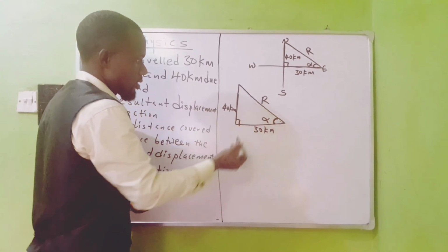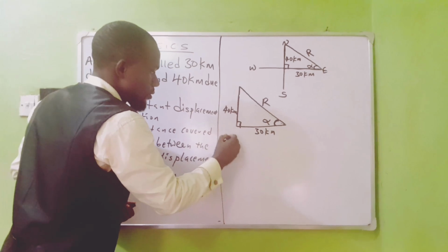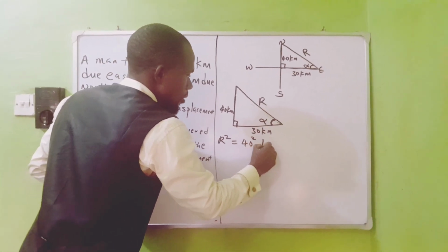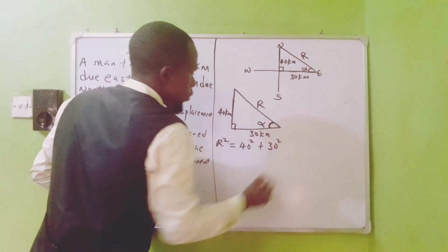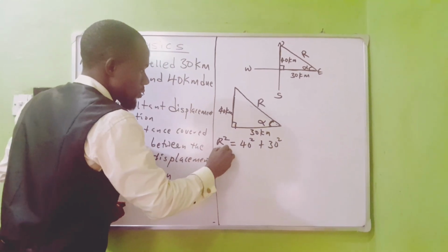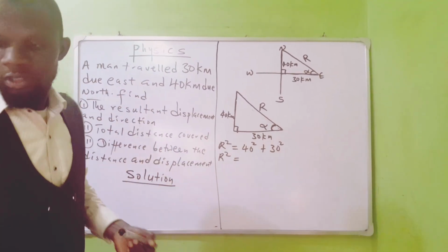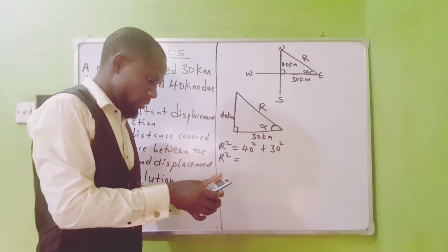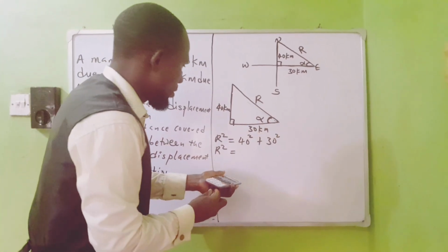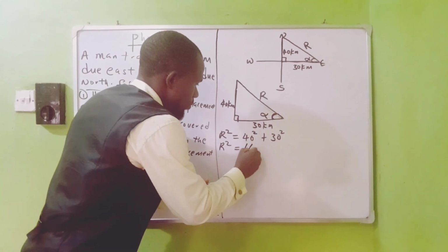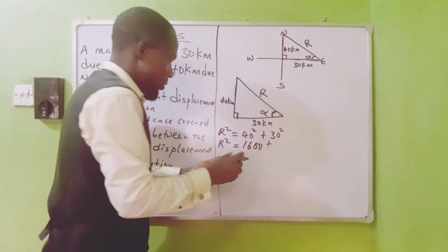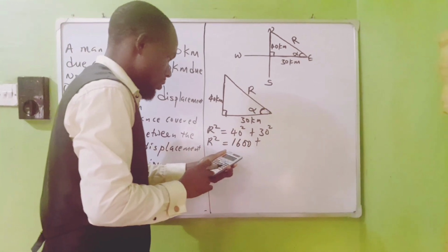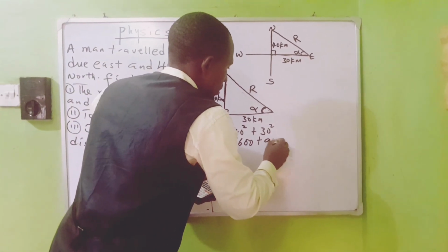This is facing this, so I'll start with this, which is my R square is equal to 40 square plus 30 square. So my R square is equal to my 40 square, which is 1600, plus my 30 square, which is 900.